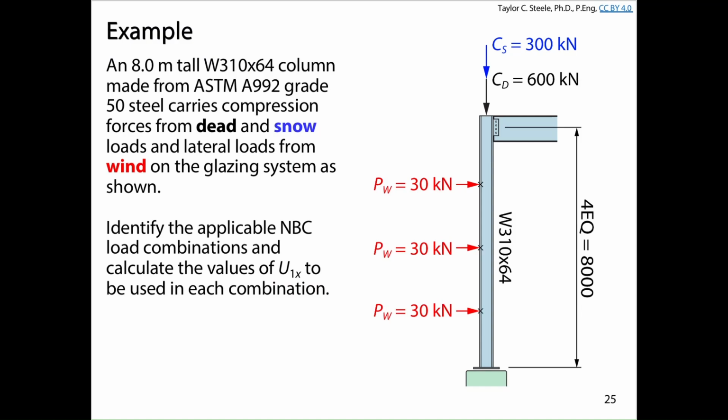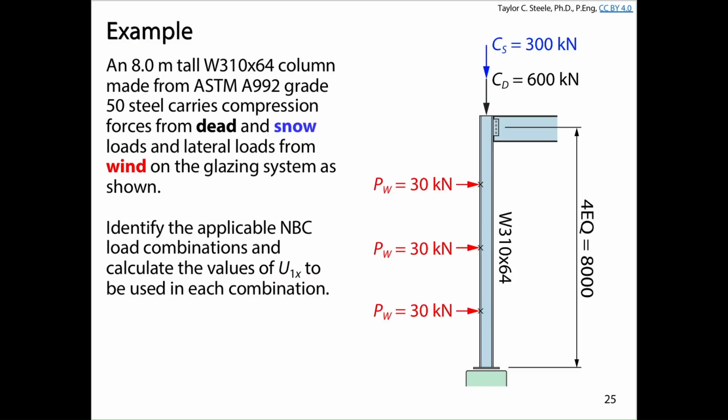It's a W310 by 64 made from ASTM A992 grade 50 steel, and it's going to carry specified forces. We've got a snow load, 300, a dead load of 600. Those are compression forces on the column. We'll assume that those are acting concentrically. And from whatever the glazing system is, we've got some point loads coming in from wind as well. So we've got 30 kilonewtons acting at 3 different locations along the height of the column.